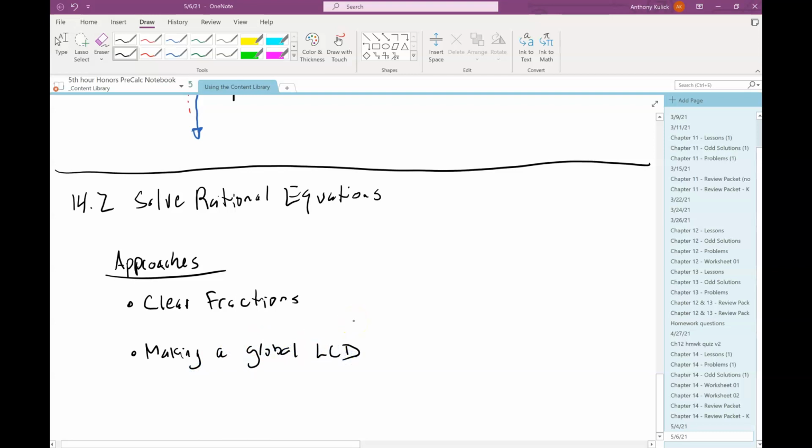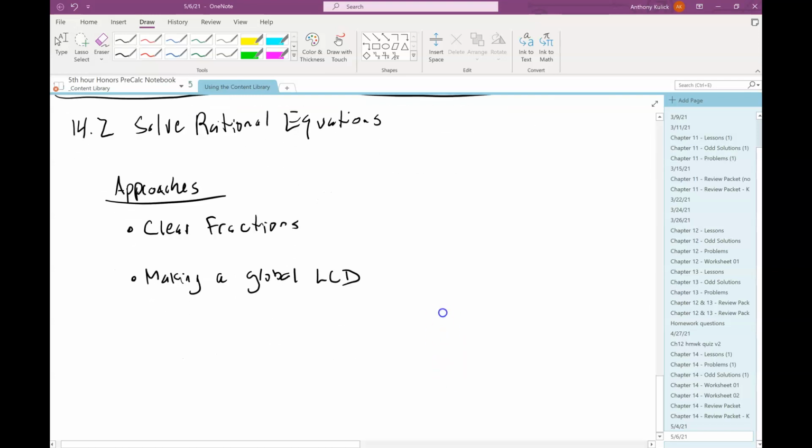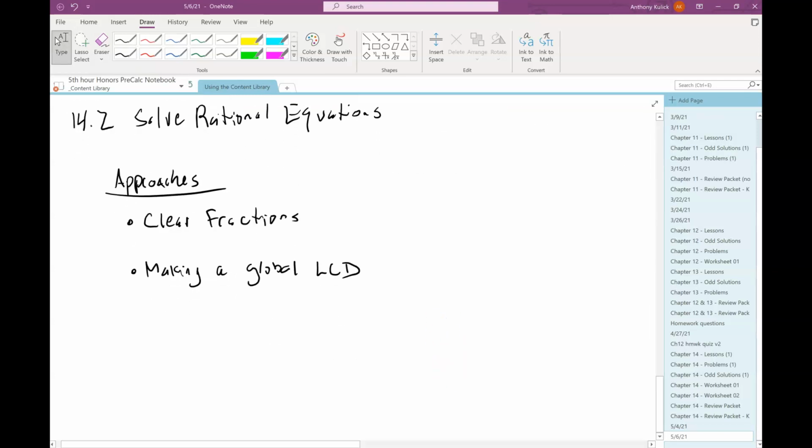They basically boil down to doing the same thing, and there's other stuff that you can do that's basically equivalent to one of these two things. These are not really dissimilar techniques. My personal preference is using clearing fractions unless there's an obvious reason why not to. I think it's usually going to be the fastest route, and I prefer to not have fractions.